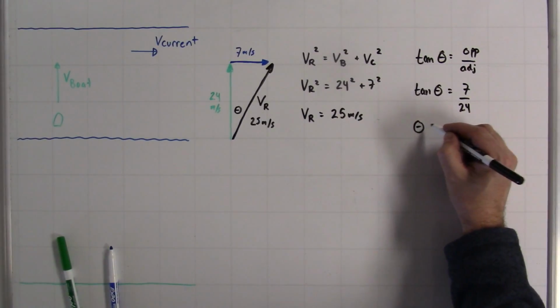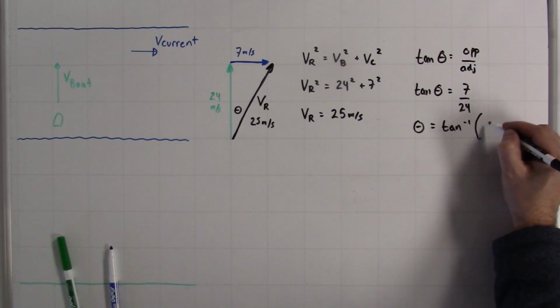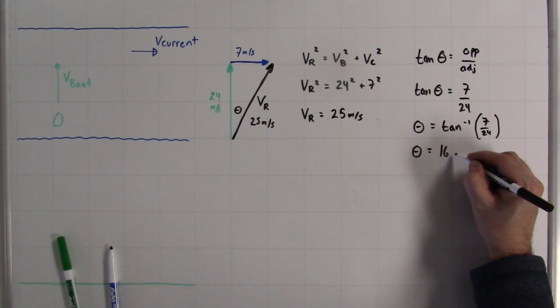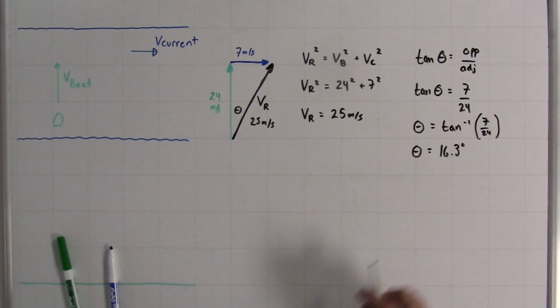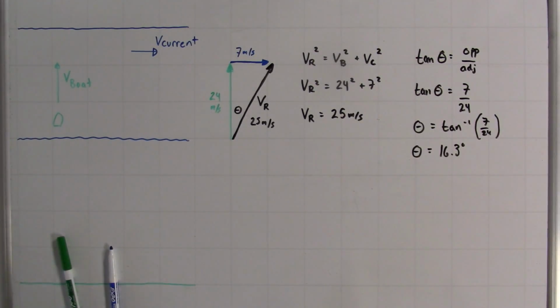If I want to solve, I'm going to take the inverse tangent of both sides. And the angle is 16.3 degrees, and that's 16.3 degrees relative to straight across.